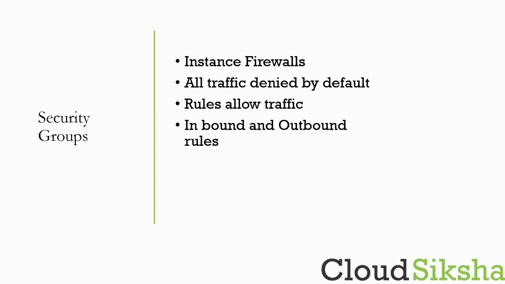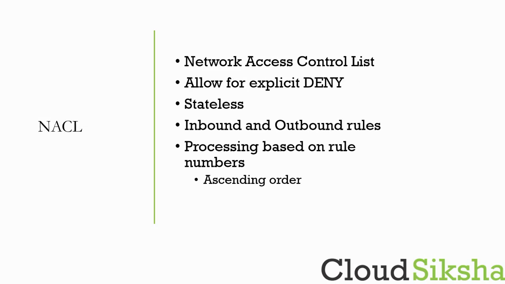Now, we come to the network access control list. Network access control lists are firewalls at the subnet level. This is very different from the firewall at the instance level, which is the security group.